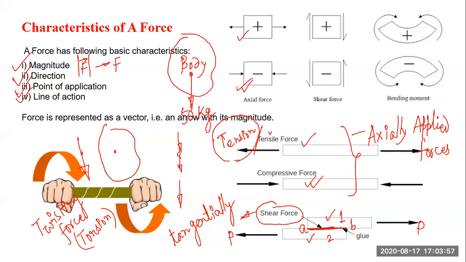A twist means you take a cylindrical bar, hold it at one side, and on the free side you try to rotate it by giving a twisting motion. Or take a cylindrical bar, don't fix it or hold it, let both ends be free, and at both free ends apply twists in opposite directions.